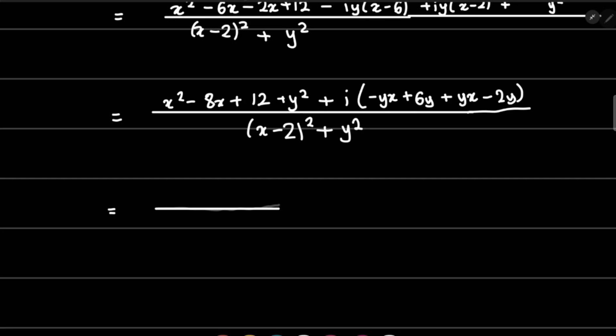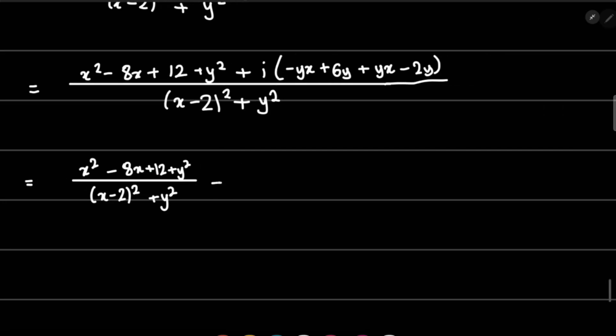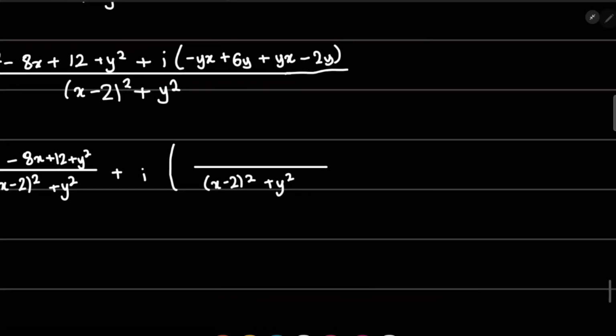So I'll separate out the real and imaginary parts. We have (x minus 2) square plus y square. The numerator will be x square minus 8x plus 12 plus y square. And for the imaginary part we'll have (x minus 2) whole square plus y square in the denominator as well. And on top this yx will cancel out, so we'll just have 4y.